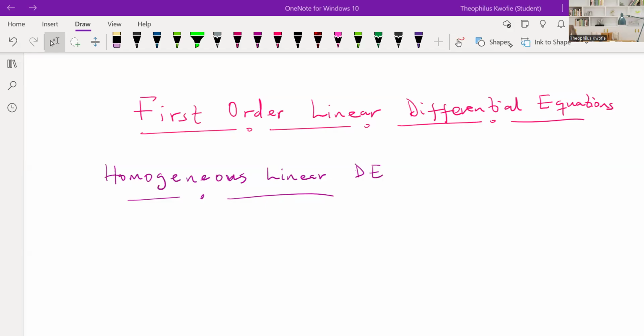Now, a simple but important and useful type of separable equation is the first order homogeneous linear equation. A first order homogeneous linear differential equation is usually of the form y prime plus some function of t, let's say p of t, times y equal to 0.